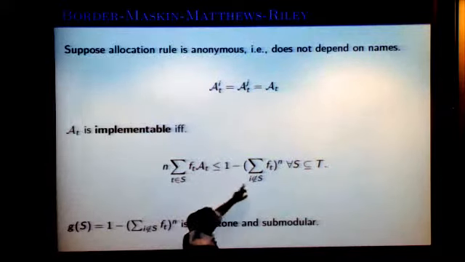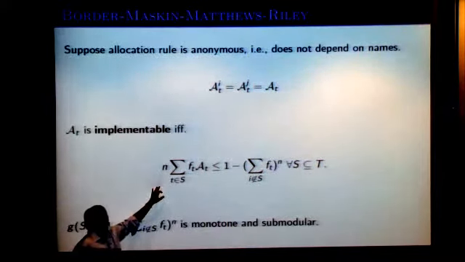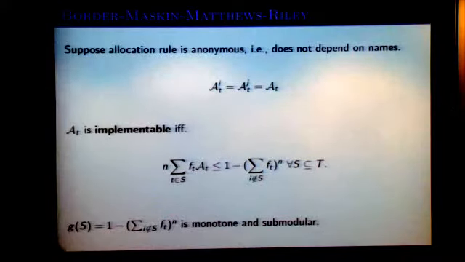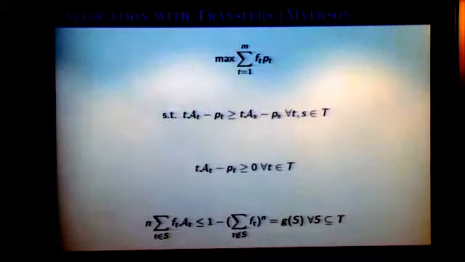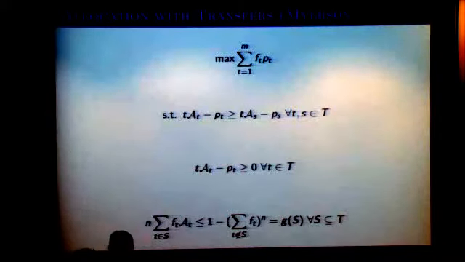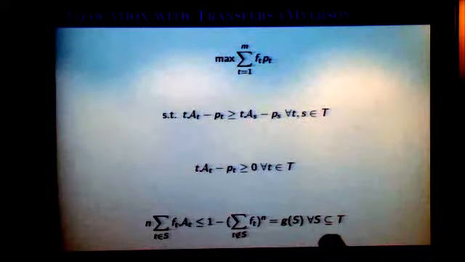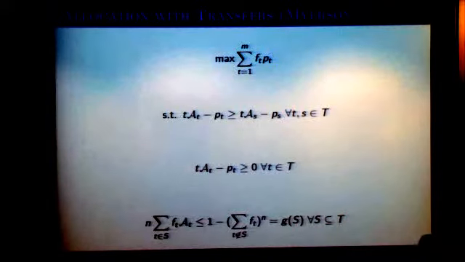And remember, this object over here is submodular, so what I've got here is essentially a polymatroid. I want to maximize expected revenue, so there's my objective function. f sub t is the probability that an agent is of type t, and I've multiplied that by p sub t, which is the expected payment that an agent of type t is going to make to me.